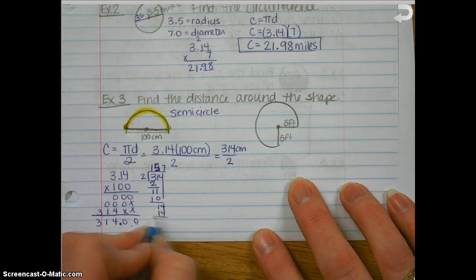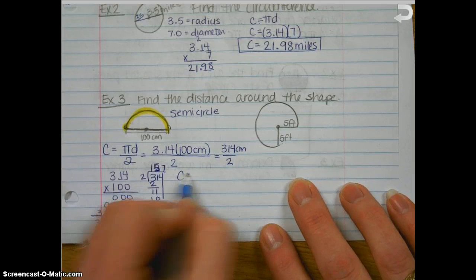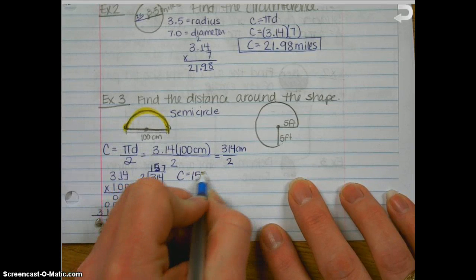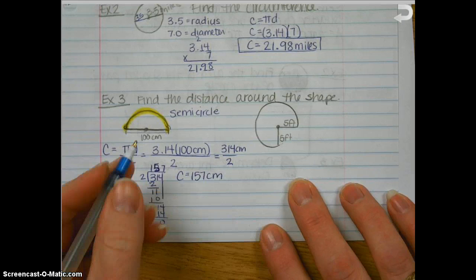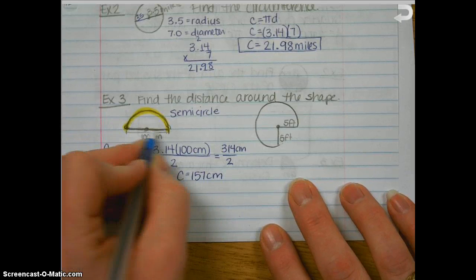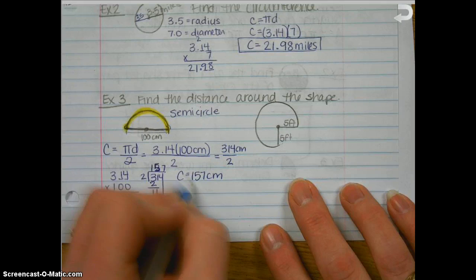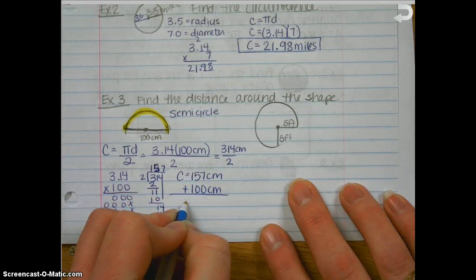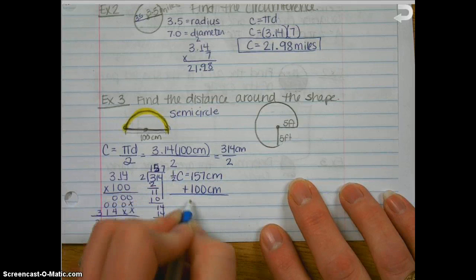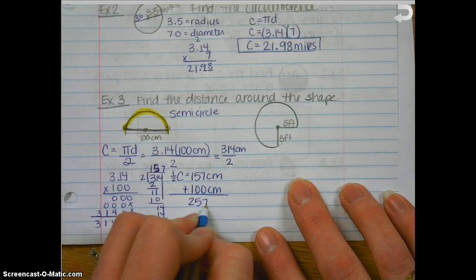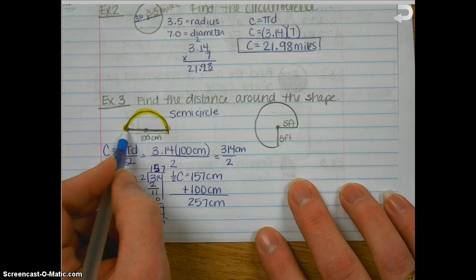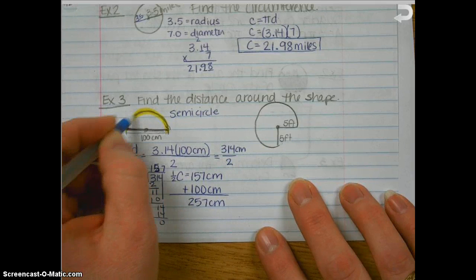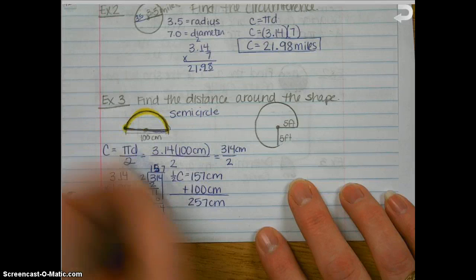So it'd be 157. So the yellow part, that circumference, would be 157 centimeters. But then we also need this diameter right here, so we'd have to add 100 centimeters. That's half the circumference. So that's 257 centimeters. 257 centimeters would be how much distance it would take to go from here all the way around.